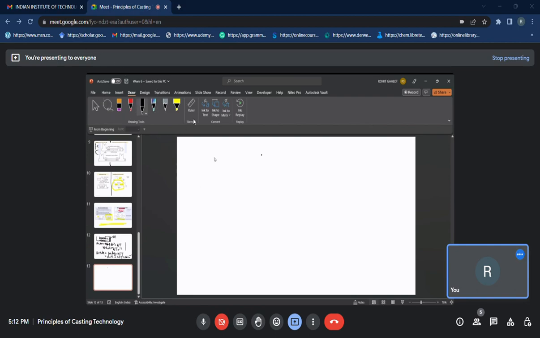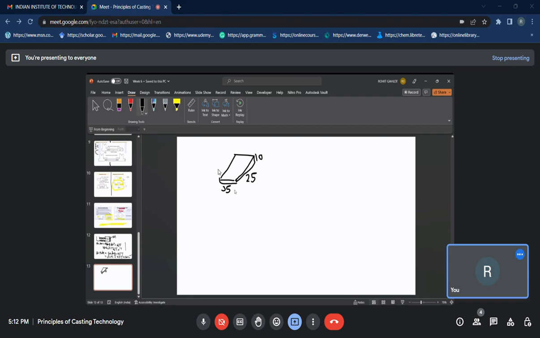Okay, so if you see, there is a plate. This has a distance of 35, this has a distance of 25, and the thickness is 10.